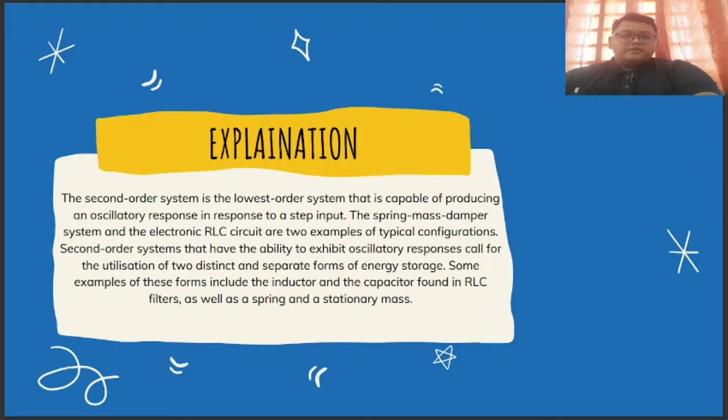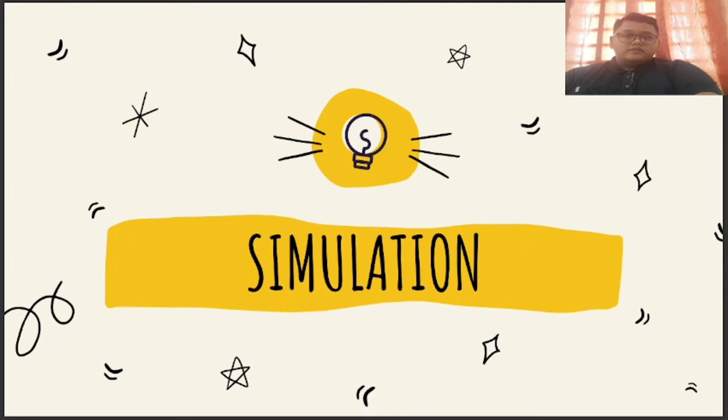The spring mass damper system and the electronic RLC circuit are two examples of typical configurations. A second order system has the ability to exhibit an oscillatory response due to the alternation of two distinct and separate forms of energy storage. Some examples include the inductor and the capacitor found in an RLC filter, as well as a spring and stationary mass. Okay, we go to the simulation part.